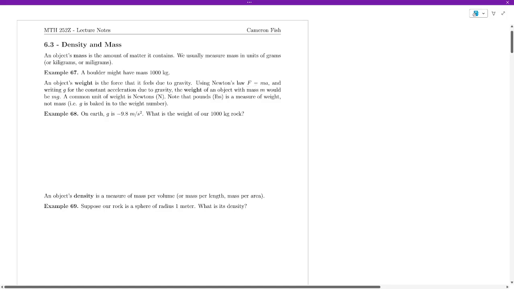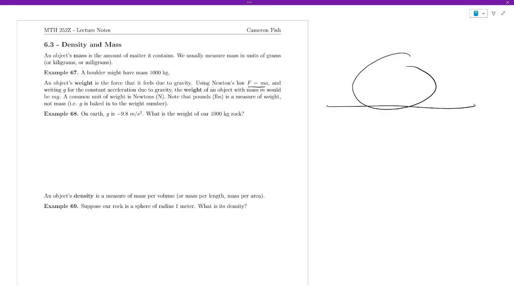So if something is feeling the pull of gravity, so if I have my 1,000 kilogram boulder, the kilograms is just a measure of how much stuff there is, and if it was in space, it would still be 1,000 kilograms, and if it's on Mars, it would still be 1,000 kilograms. But the weight that it feels depends on where it is. In space, it feels no weight. On Earth, it feels some weight. On Mars, it feels some other weight, and that weight depends on the force of gravity.